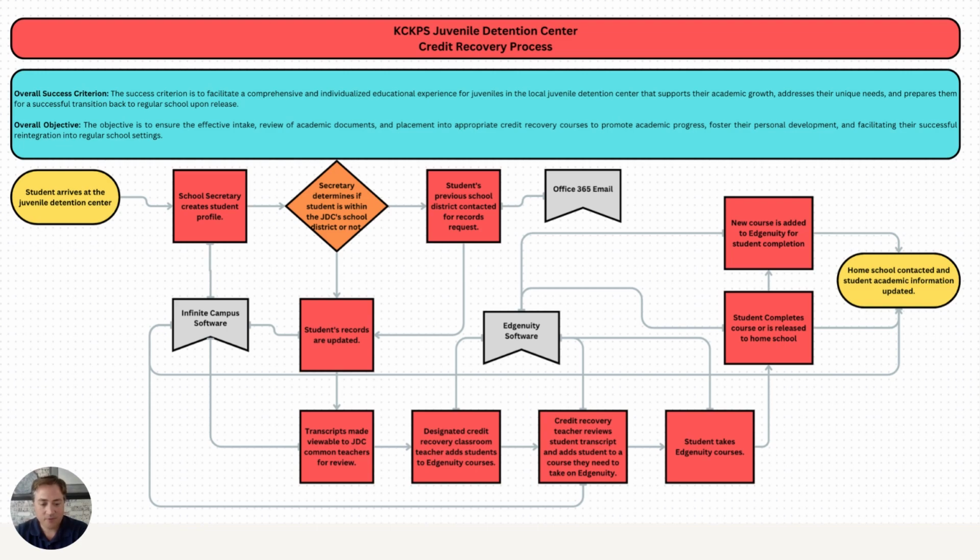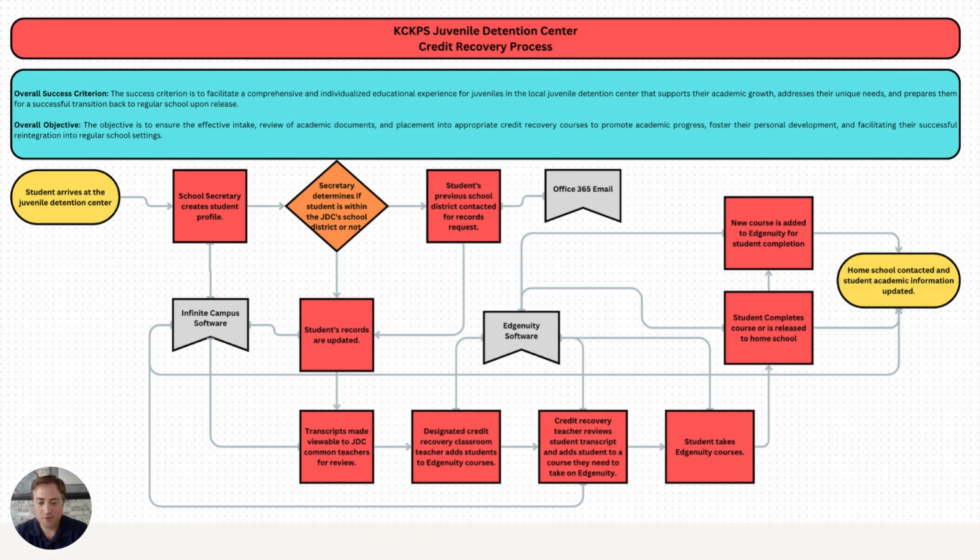Designated credit recovery classroom teacher adds students to Edgenuity courses. So we do use Edgenuity for our software. Credit recovery teacher reviews a student transcript and adds a student to a course they need to take on Edgenuity.